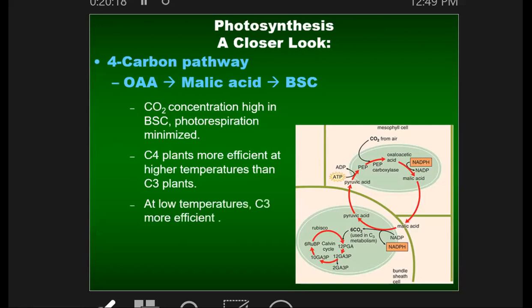So as long as you do that, you can create a situation where the PCO cycle is virtually non-existent, not running hardly at all. And the downside, though, is that there is some extra input of ATP to get the C4 cycle to run. You have to expend extra ATP compared to the C3 cycle. So it's 2 ATP extra.